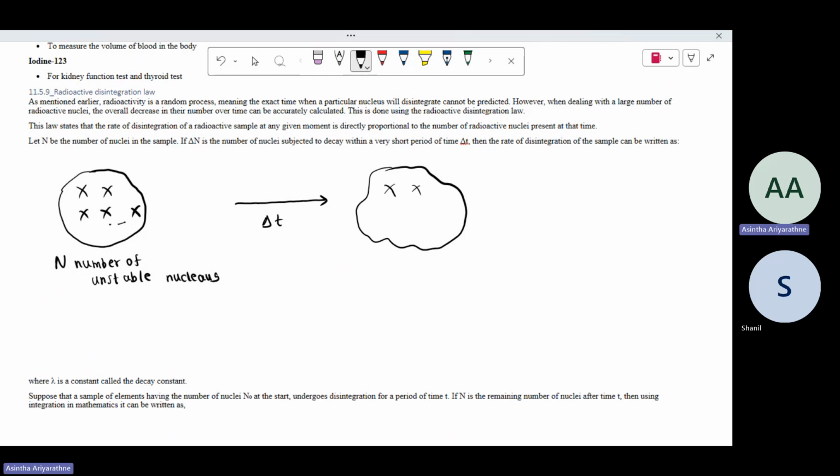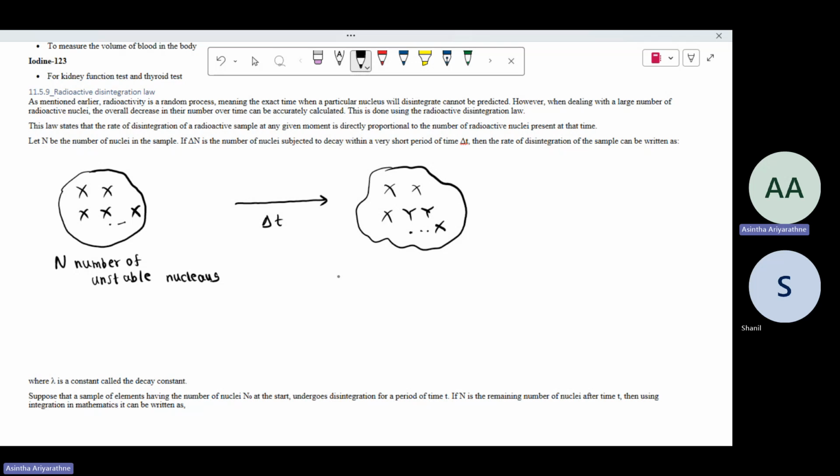Some nuclei would be transformed into more stable elements, right? So this white represents stable elements. Initially there was a number of unstable nuclei.